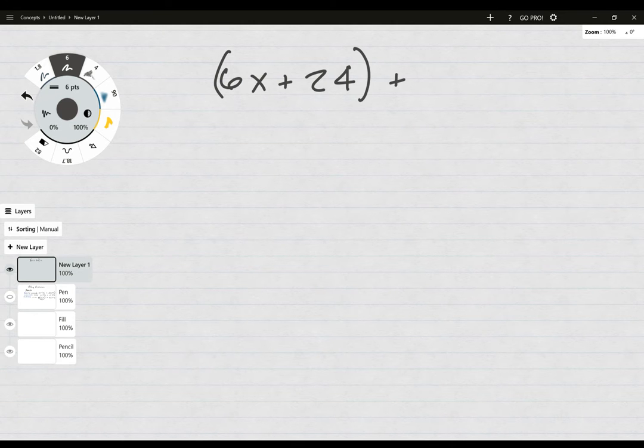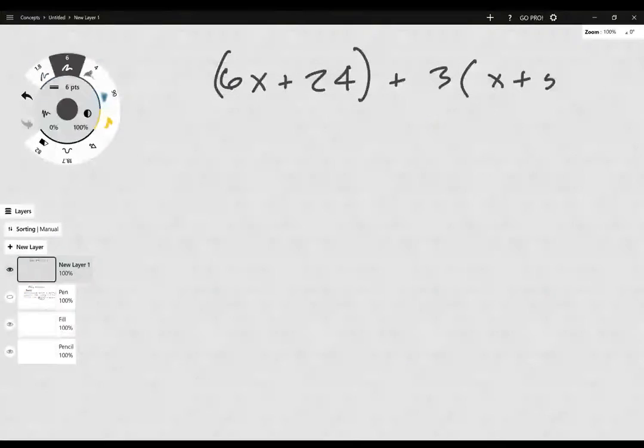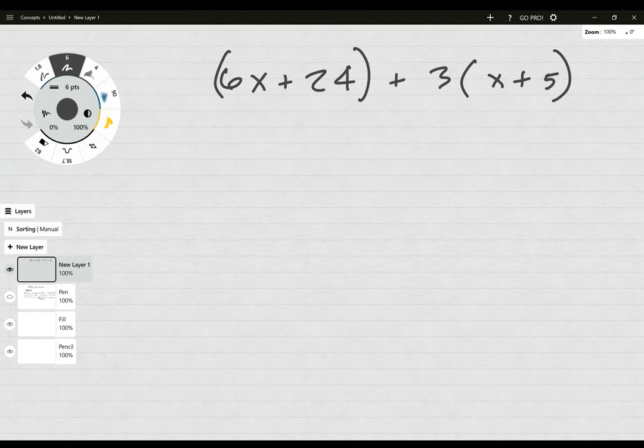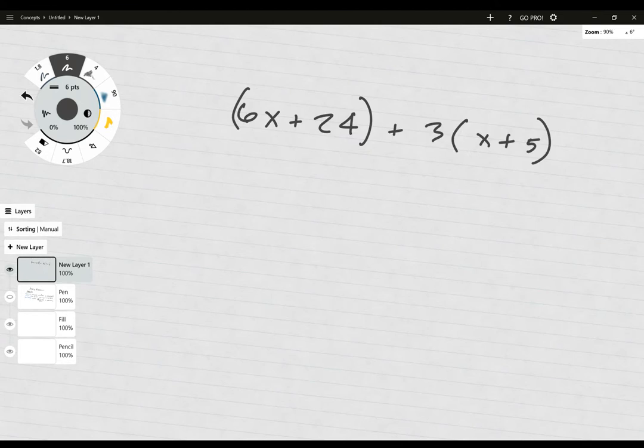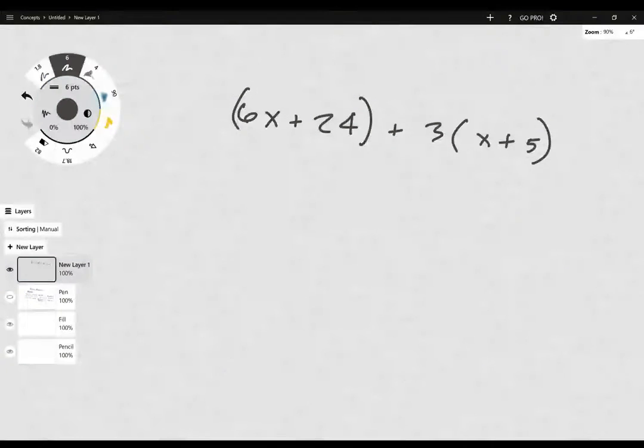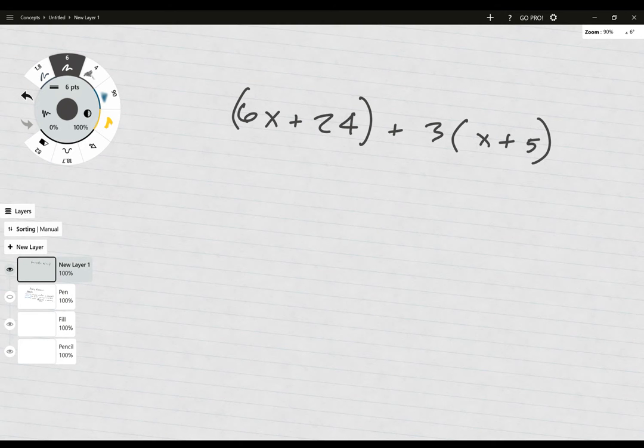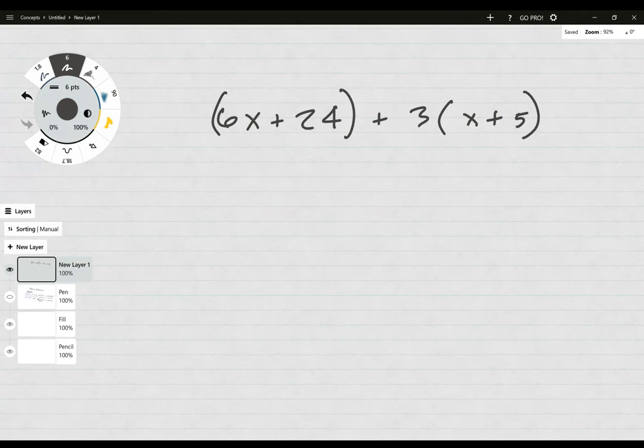Plus 3 multiplied by x plus 5. Now we need to look at those properties. Can I rearrange anything to make it simpler to use? Can I group them where it's easier to use? Or can I use the distributive property?